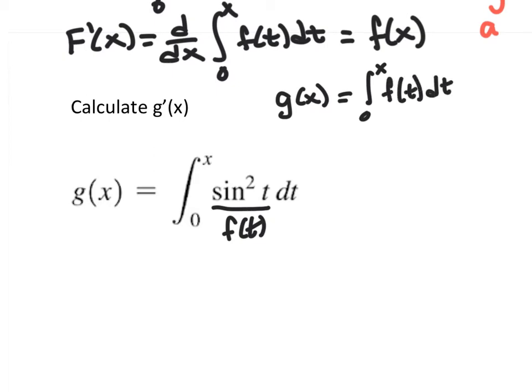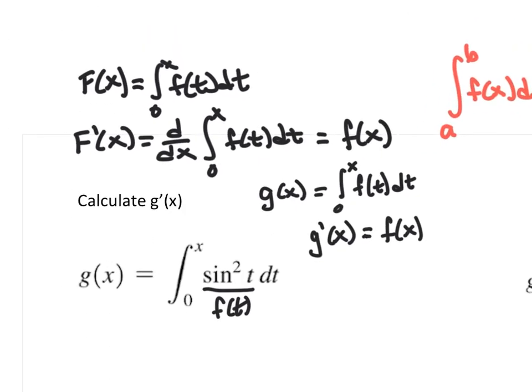If I were to take the derivative of this function, g prime of x, then that's just going to give me my integrand in terms of my upper bound. So I'm just going to write g prime of x is equal to f of x. That same thing is going on.